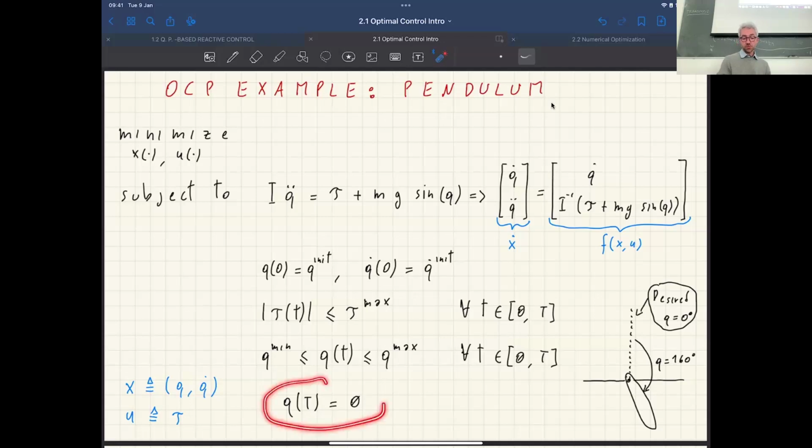And maybe we can add a terminal constraint to say that the state, so the joint angle, at the final time T must be equal to 0, if we want to make sure that the robot reaches exactly the desired joint angle, which is 0. This is a modeling choice. It's not a physical constraint.